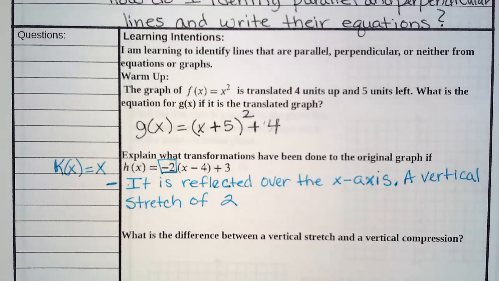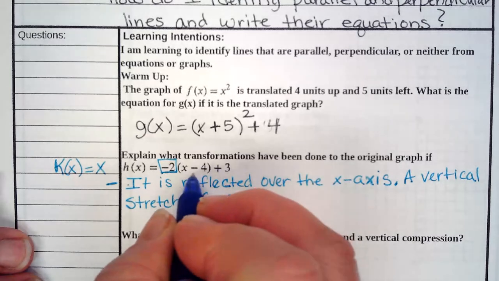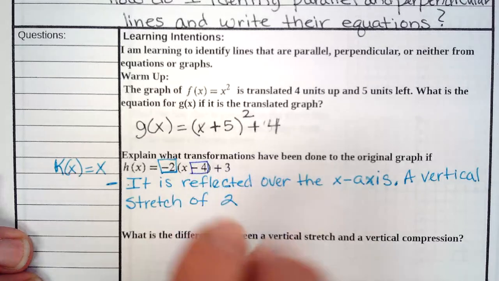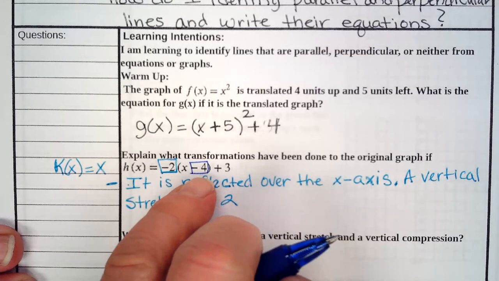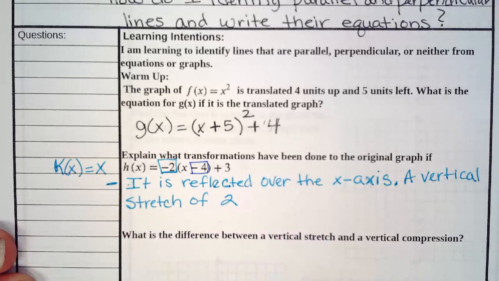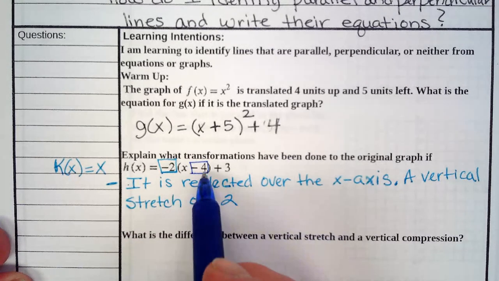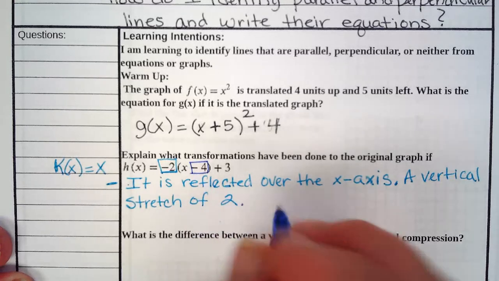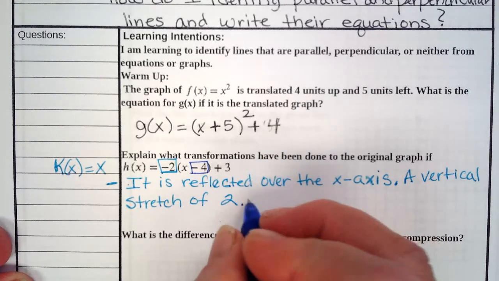Okay, let's go further on. In parentheses, x minus 4. Remember, in parentheses, it is opposite of what we think. We're moving left and right opposite of what we think. So that would be shifted 4 units right.